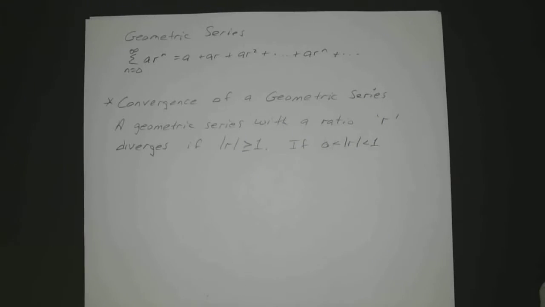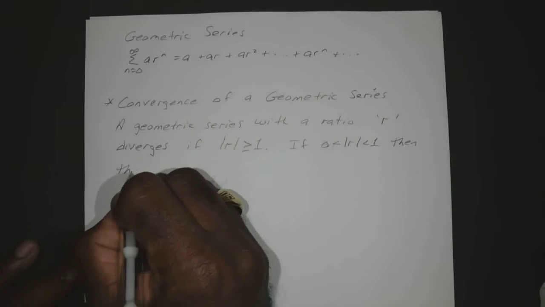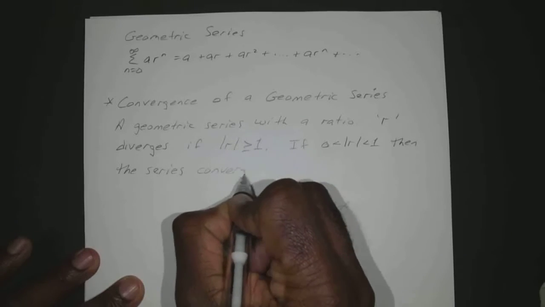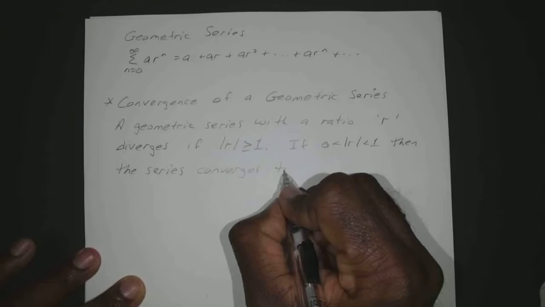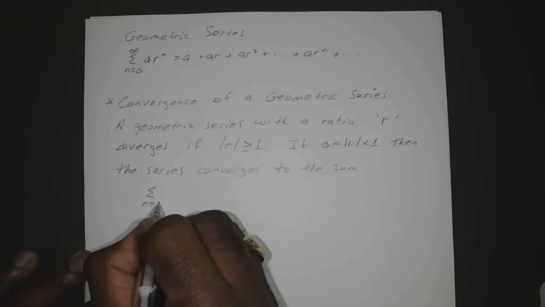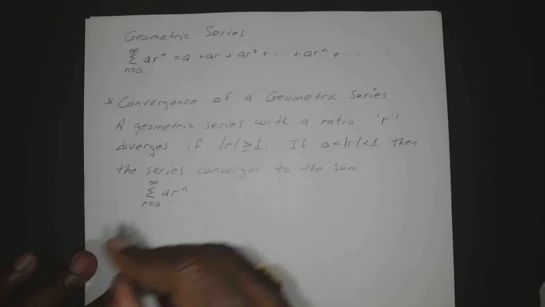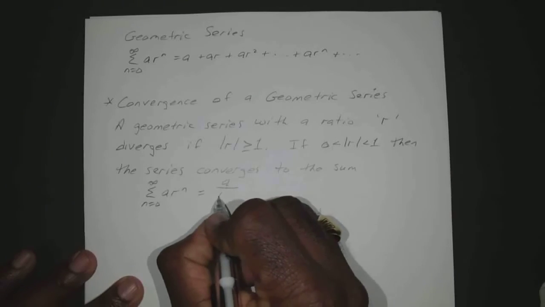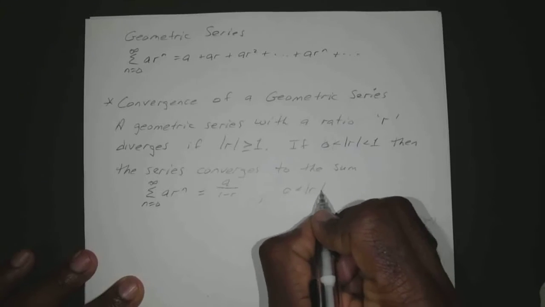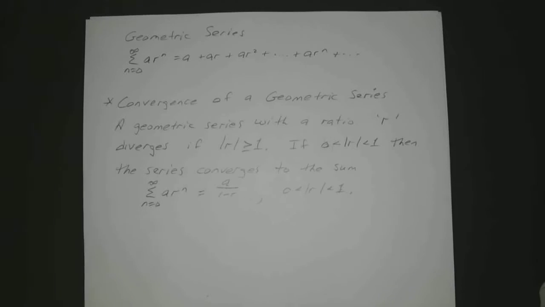Now, if it's between 0 and 1, then the series converges to the sum from n equals 0 to infinity of a times r to the n equals a over 1 minus r. And again, that's if r is between 0 and 1, but not equal to it, just between that.